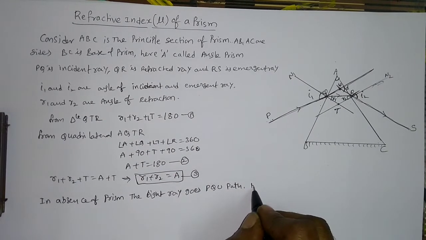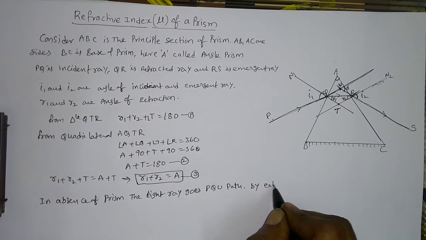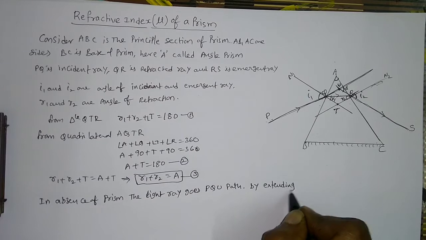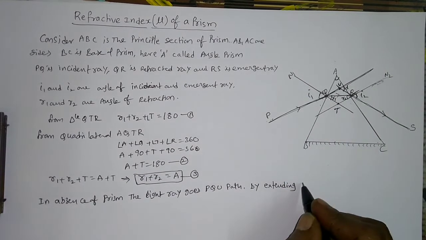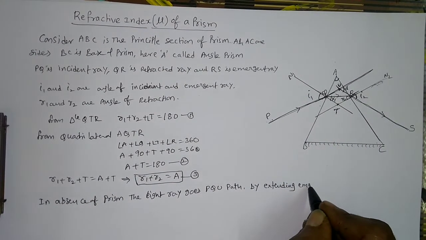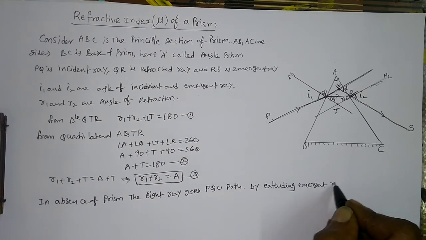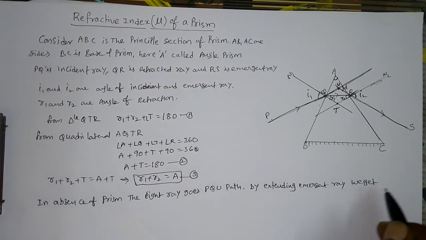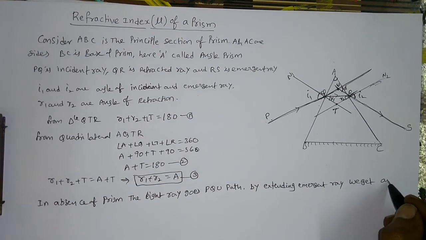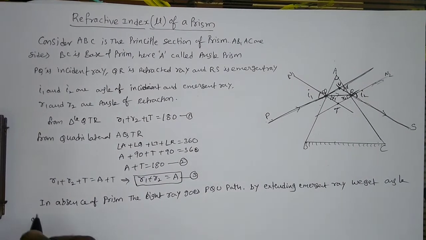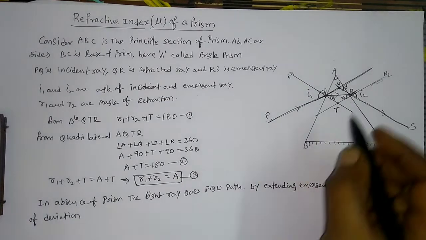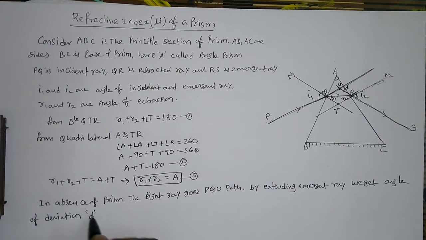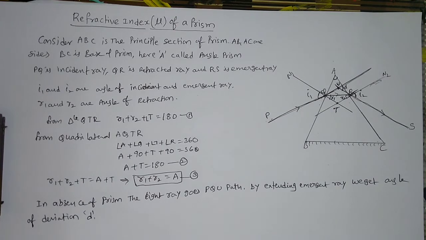So by extending the emergent ray, we get the angle of deviation, that is angle D. This is the angle of deviation D.